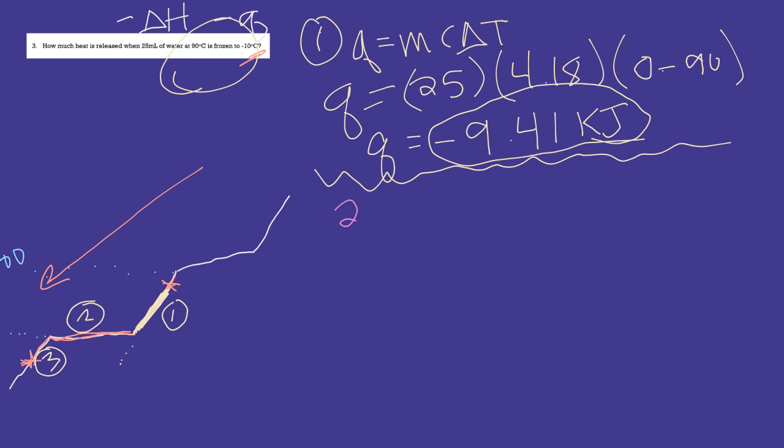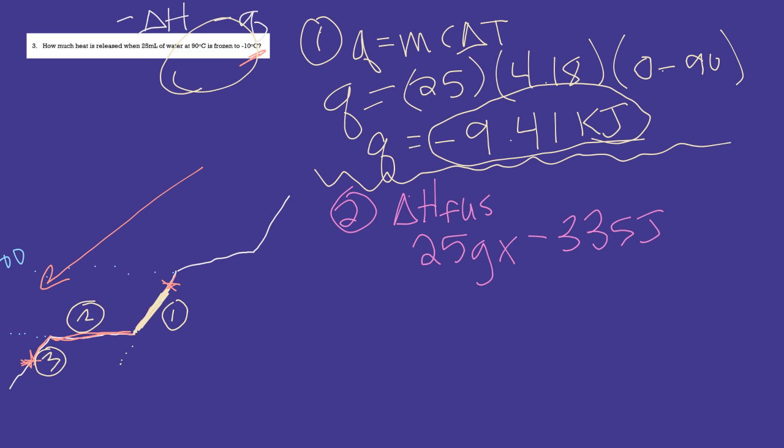All right, so now we're going to do part two. Part two, there is no temperature change, which means we're going to have to use a constant. So for this, we're going to use delta H of fusion, except we're going to have to make it negative. So we have 25 grams times the intrinsic property, but it's negative 335 joules per 1 gram.